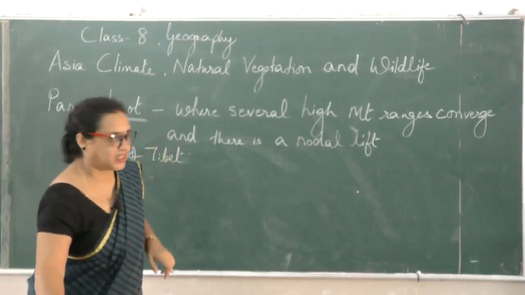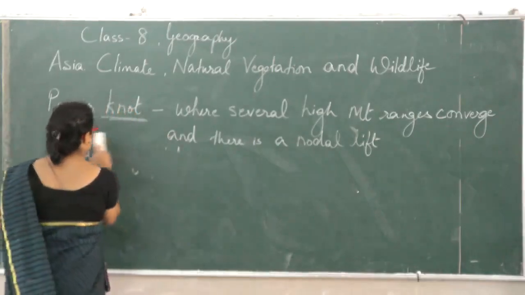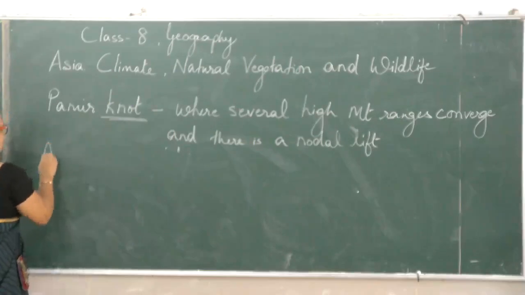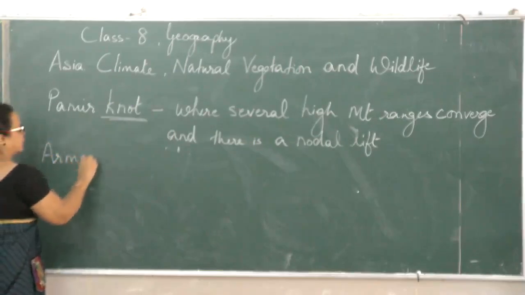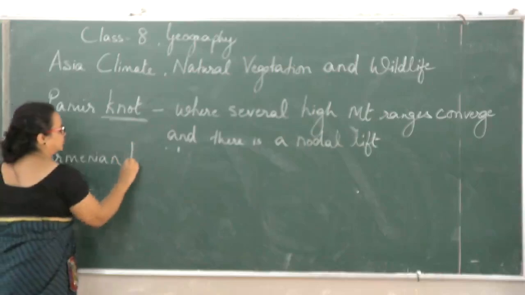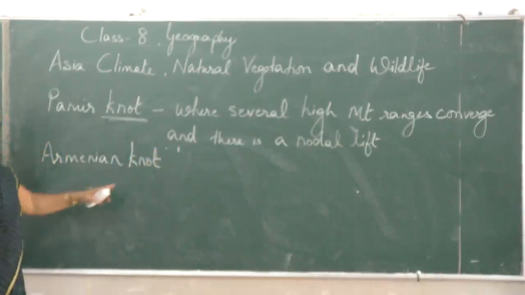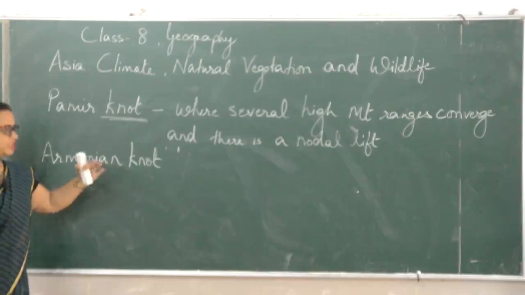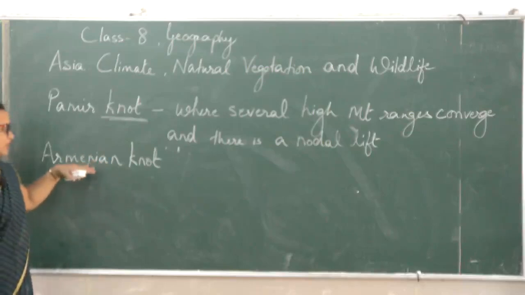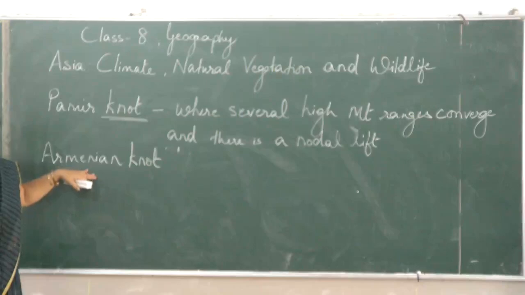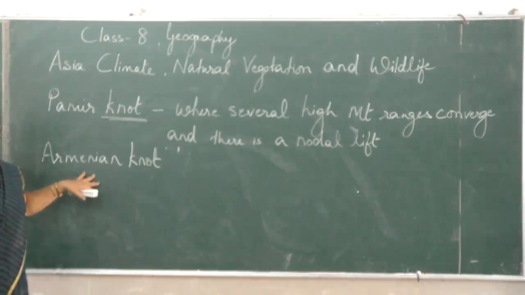So one is Pamir knot. There is one more knot in Asia, and that is known as Armenian knot. Same thing, many mountain ranges meet at this point. The name of the place is Armenia. Clear? Locating this is little bit confusing.